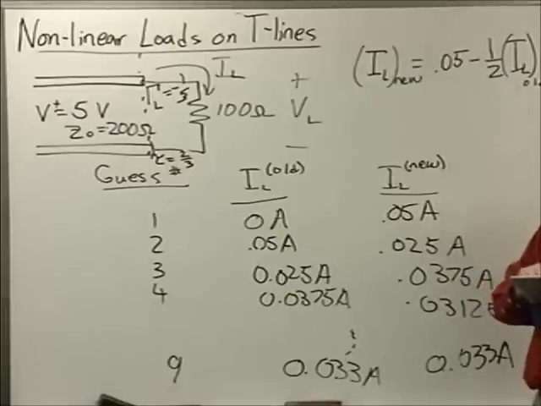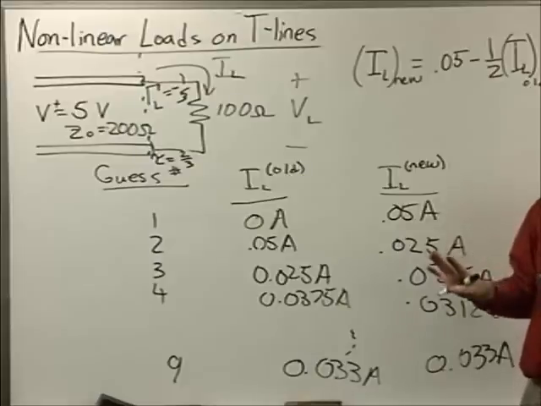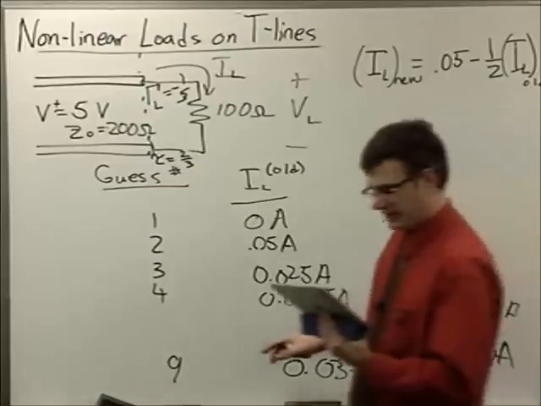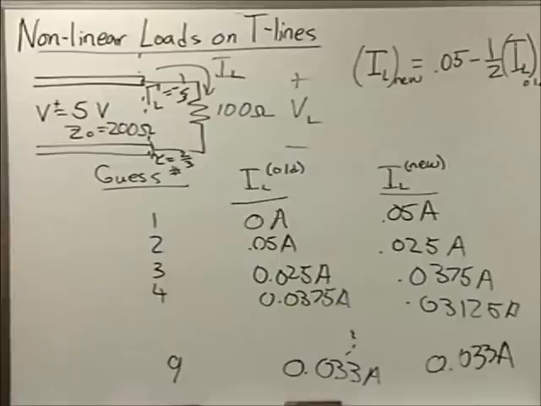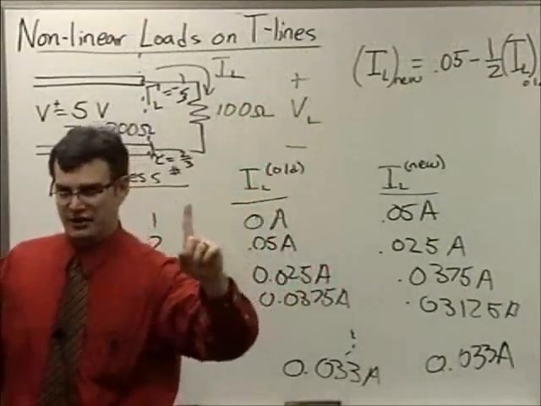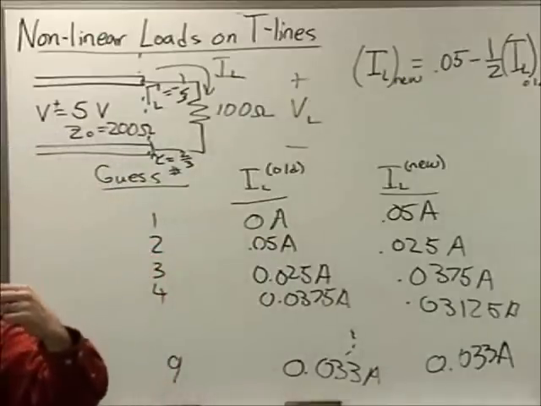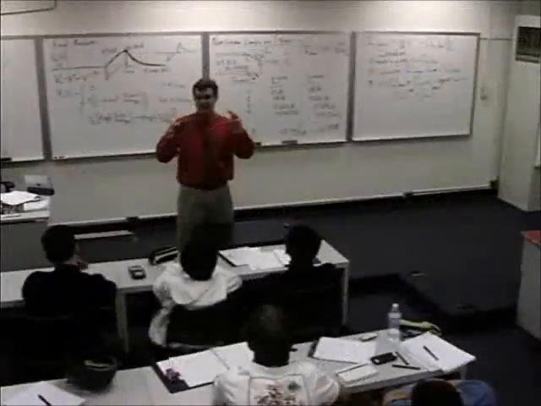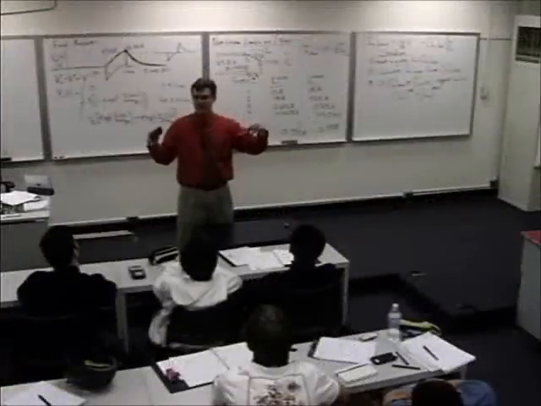Okay. Now let's solve a less trivial problem. And here's the thing. There are actually two ways we could set up these iteration problems. In the case of the simple resistor, this converged very nicely when I put it in as a function of I sub L. In some scenarios, when you start iterating, you're going to get a solution that diverges, like your I new gets farther and farther apart from your I old.